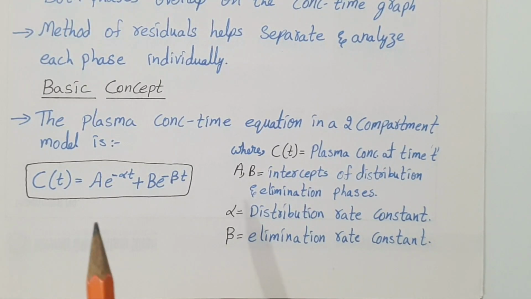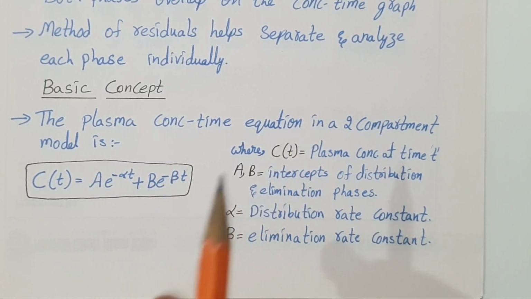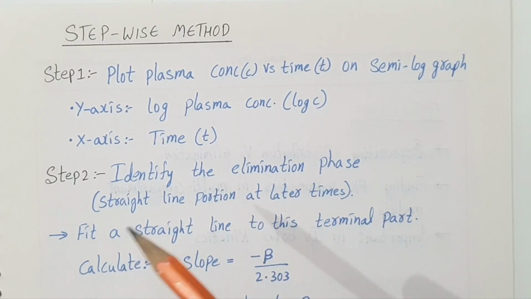We want to find A, B, alpha and beta using this method. Let's see the step-by-step method.